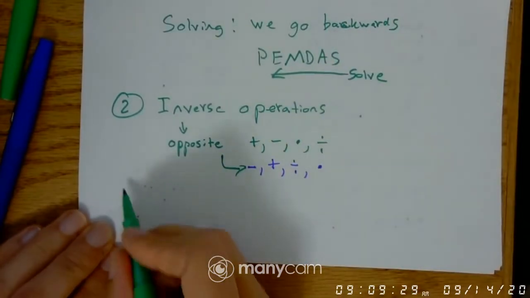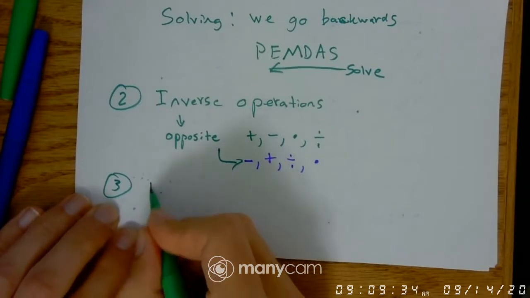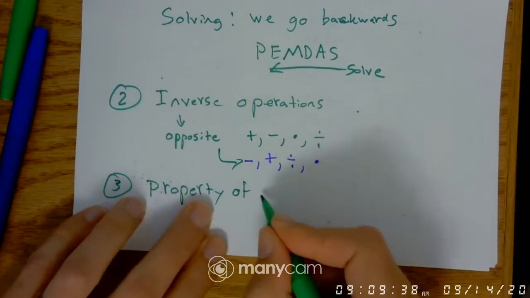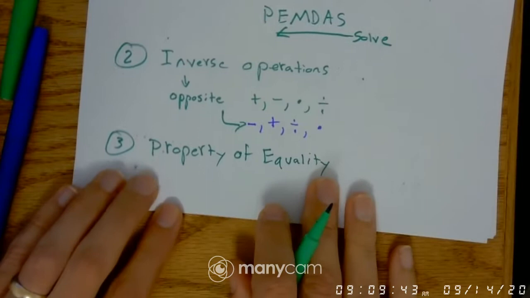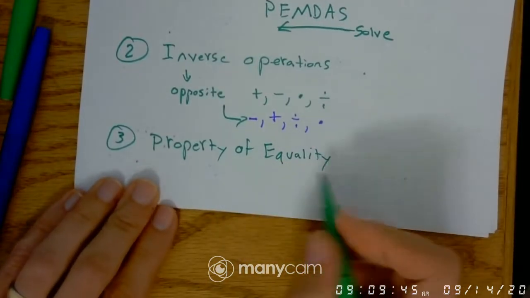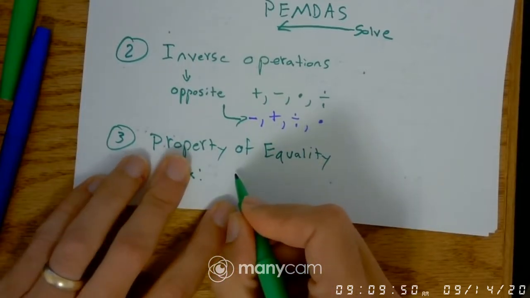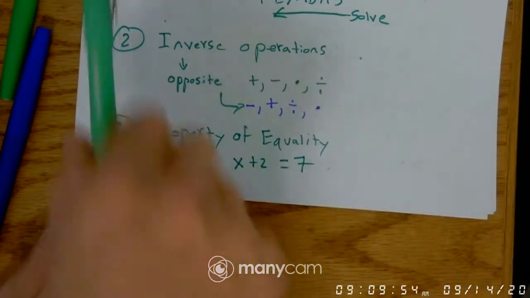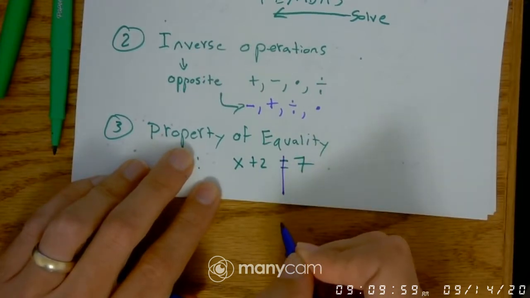And then third, I'm running out of room here, is the property of equality. Which just says whatever you do to the left, you have to do to the right. So maybe it's best if I just do an example of it. So if I have x plus 2 equals 7, the property of equality just says there's two sides to the equation.